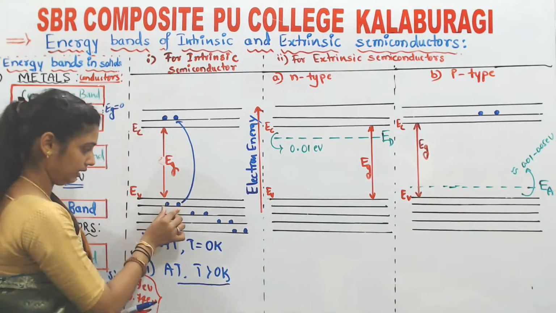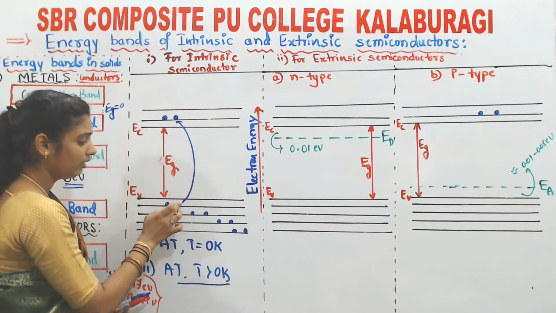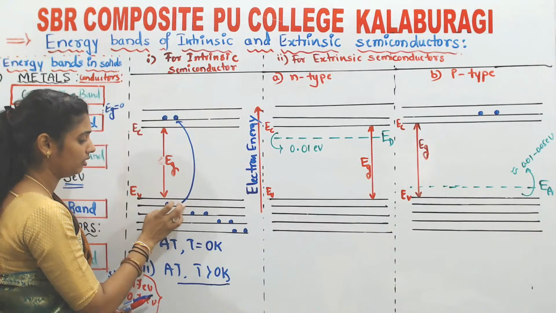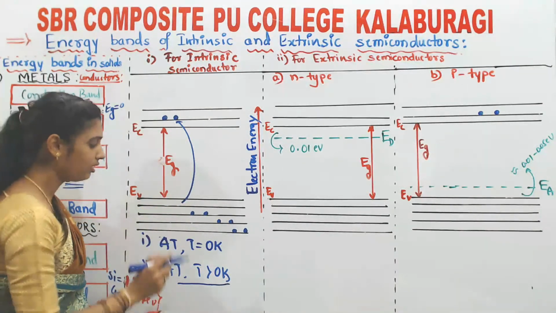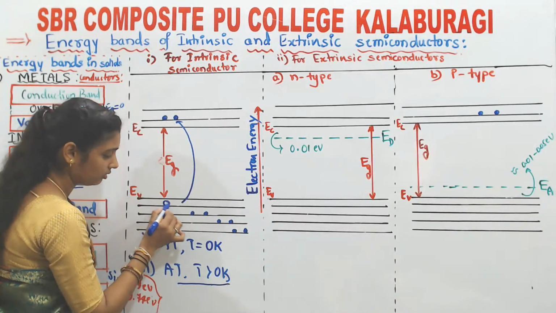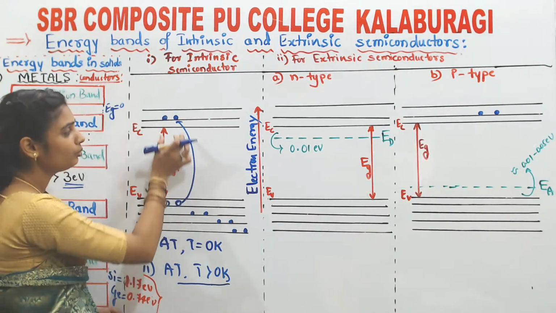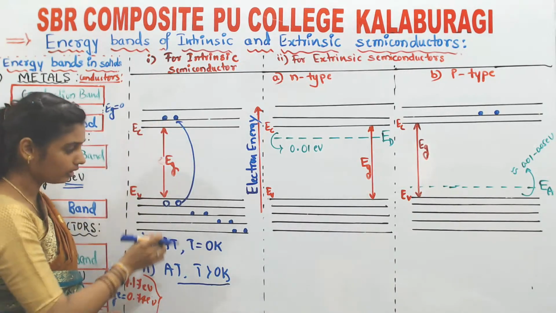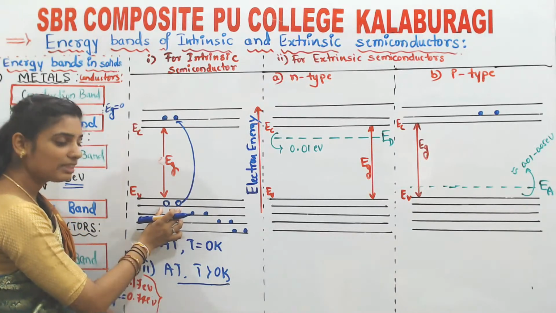So these electrons jump towards the conduction band, and what may happen? As they jump to the conduction band, they leave behind holes in their place. Here I have taken two electrons in the conduction band which have got excitation due to thermal energy. What is left in their place?